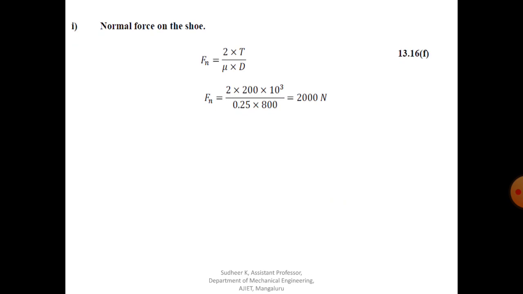So now you have to find out the normal force on the shoe. That can be calculated with the help of equation number 13.16F, from page number 265. So Fn equal to 2T divided by mu into D. Fn value you can calculate: 2 into torque, given 200 Newton meter, which you have to convert into 200 into 10 to the power 3 Newton millimeter, divided by 0.25 into D value, 800 millimeter.